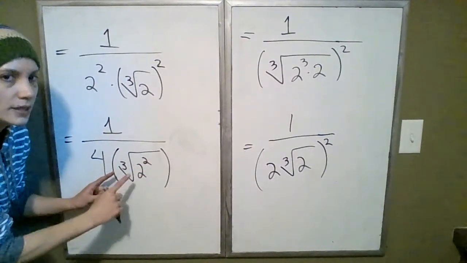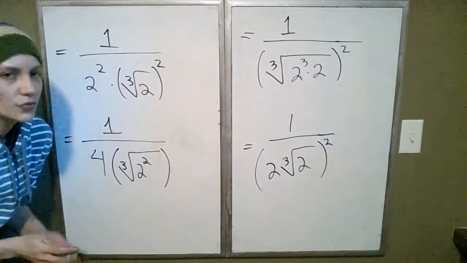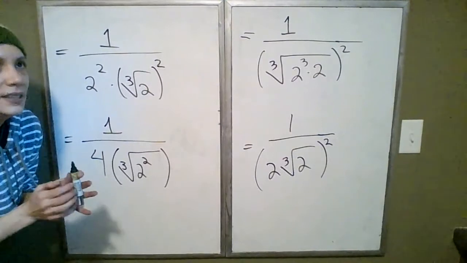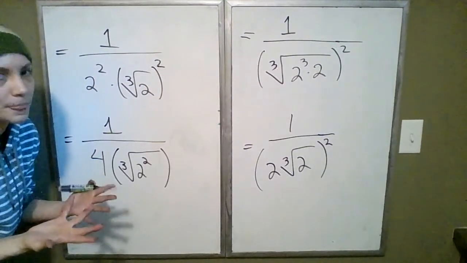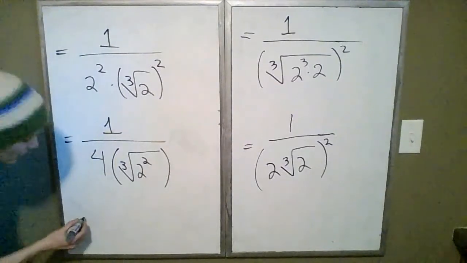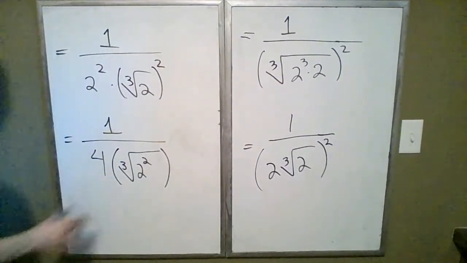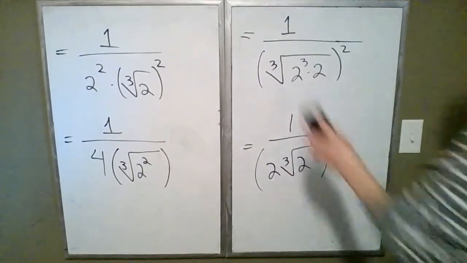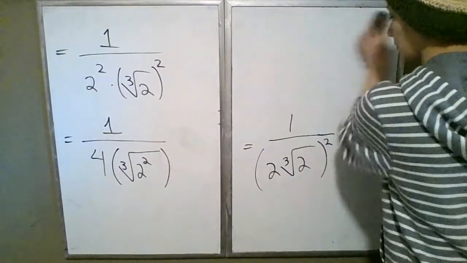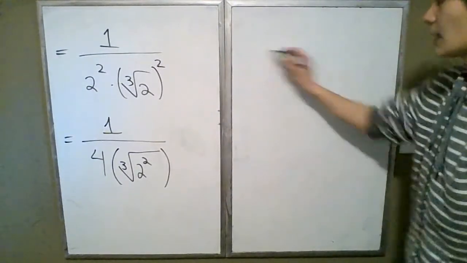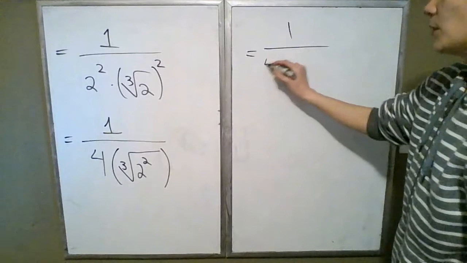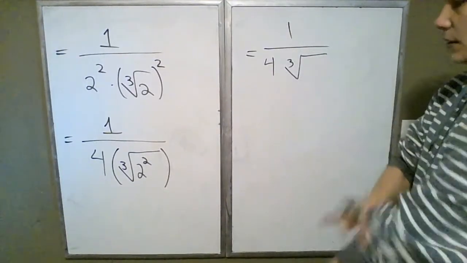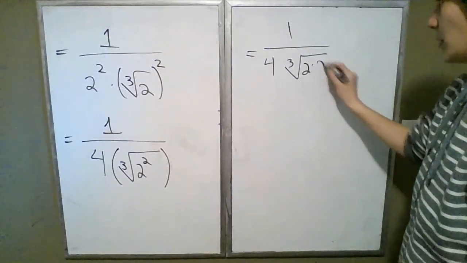So this will be the cubed root of 4. Let's do this. I'm gonna keep going. One over 4 times the cubed root of 2 times 2.